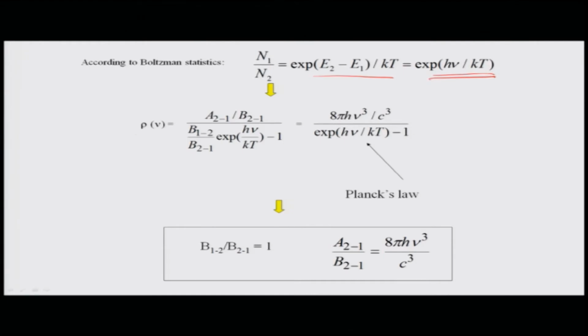The spectral density that we just defined is equivalent to the form given by Planck's law, because we just used the h nu part from Planck's law, and so we can use the Planck's law form of the same expression in terms of spectral density.